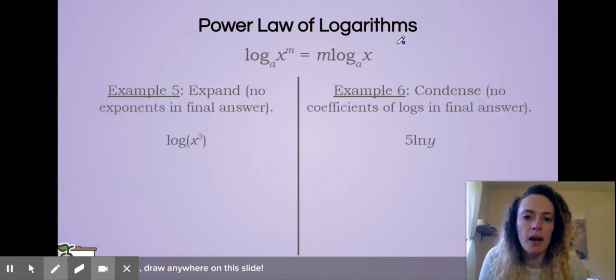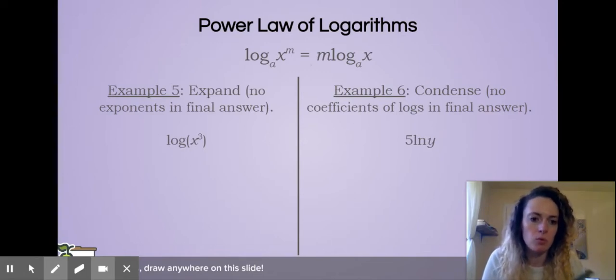Right, so finally, our power law of logarithms, a little bit different. It doesn't connect easily to one of the exponent rules that we had talked about earlier. But if you notice, on the left-hand side of this equation, we have m in the exponent. And on the right-hand side of the equation, m is the coefficient.